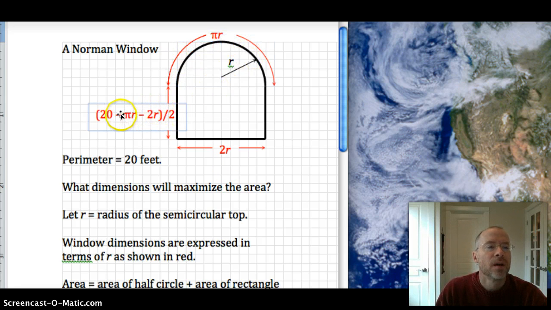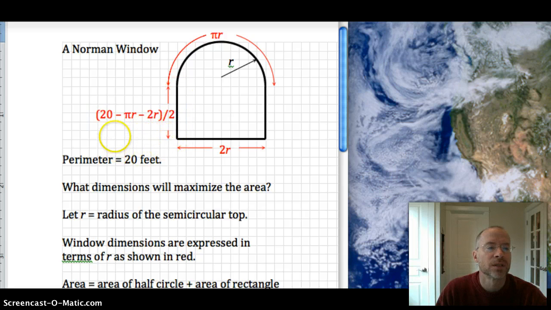And then a little bit trickier, but not too bad to figure out where I'm getting this. If you want to figure out this dimension, take the full perimeter of 20 feet that's given, and then subtract off pi r for the circular arc up here. That's part of the 20 feet, right?